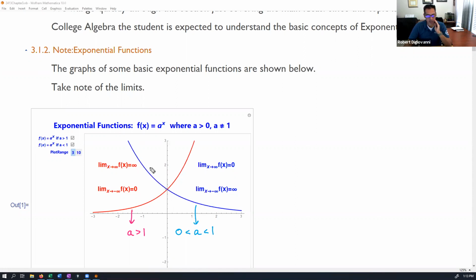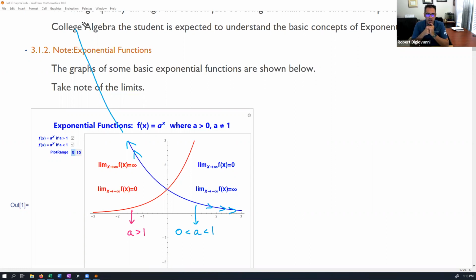So notice how the limits change, right? On the blue one, as you go out to the right, this time the function heads to 0. But as you go to the left towards negative infinity, the function grows and gets bigger and bigger and becomes infinite. So it's like they switch places. What the red one did, the blue one does, but opposite.